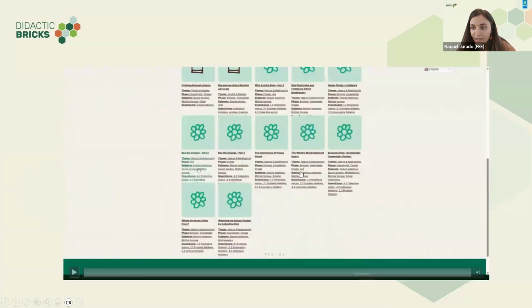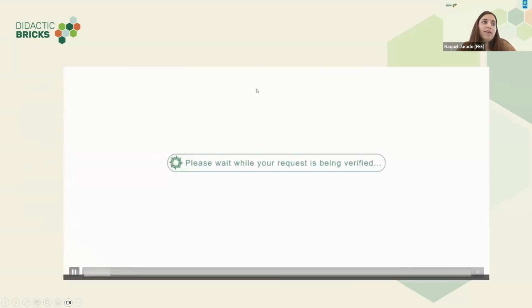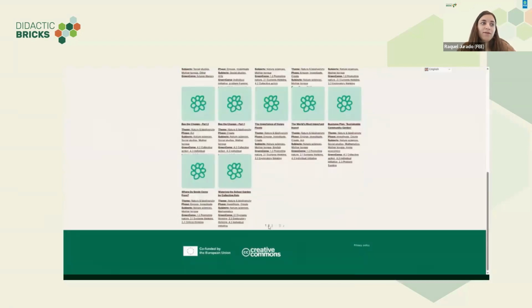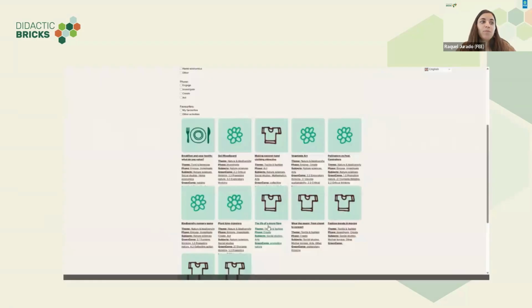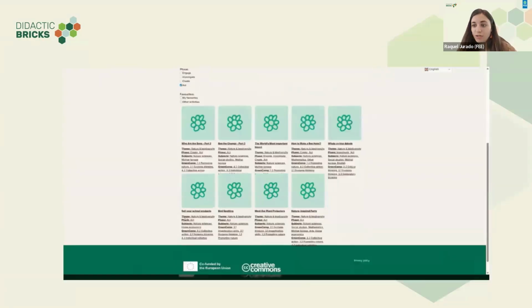We don't have it yet, but here we have a little sneak peek of what the tool is looking like. As you can see here, it's divided by activities, by playlists, and by methods. It's a big living hub of different types of lesson plans that you can filter by age group, by the type of lesson subject you want to teach, and also by phase. By phase, we mean what type of style you are trying to engage your students with.